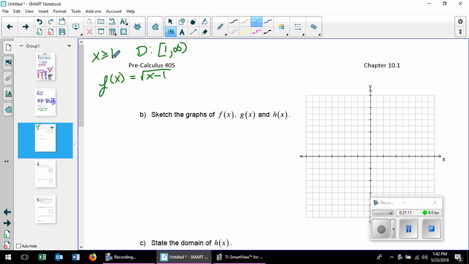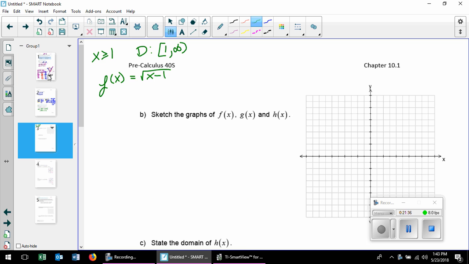Okay, so if you have restrictions on domains in your individual functions, those restrictions will apply to each of them. Does that make sense to everybody? If I have a restriction on f of x, that restriction carries over to the combination function, the h of x. And it kind of makes sense when you're doing a table of values.